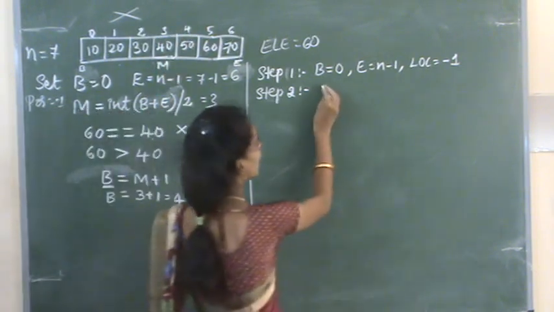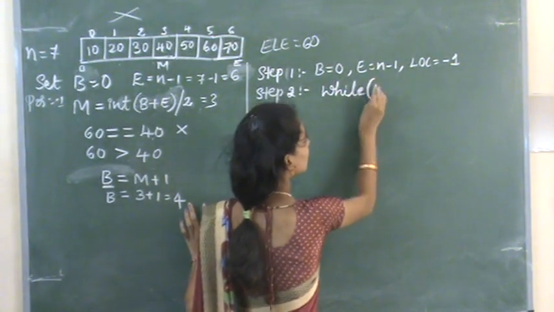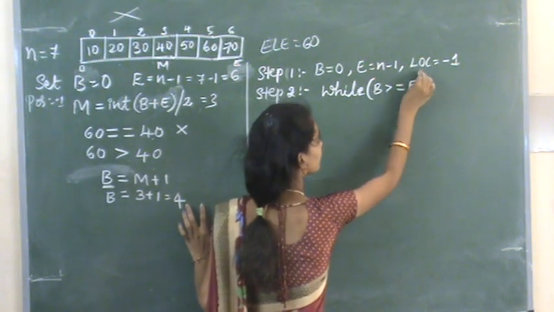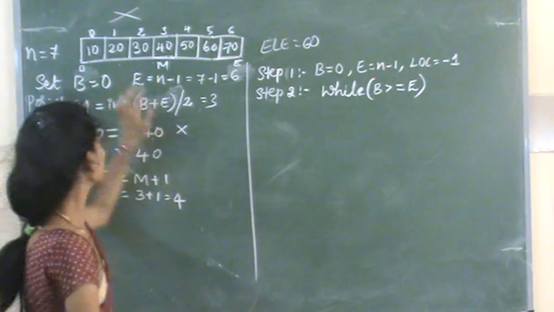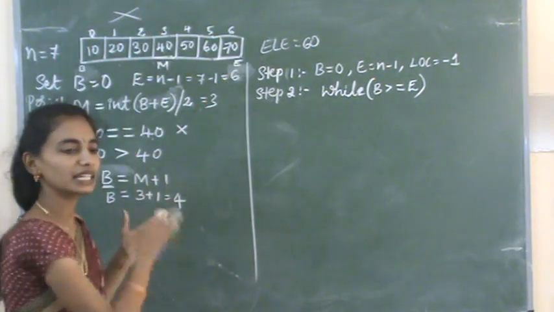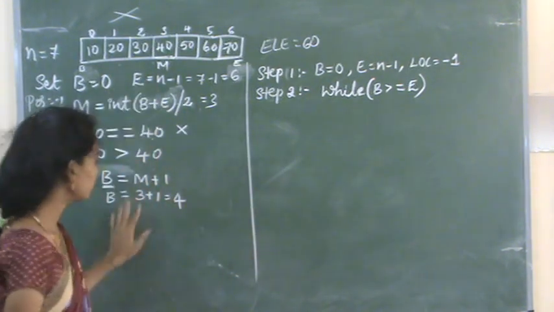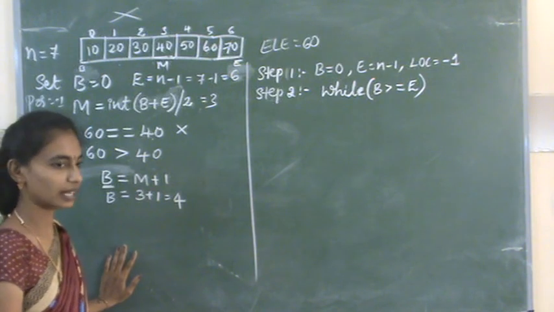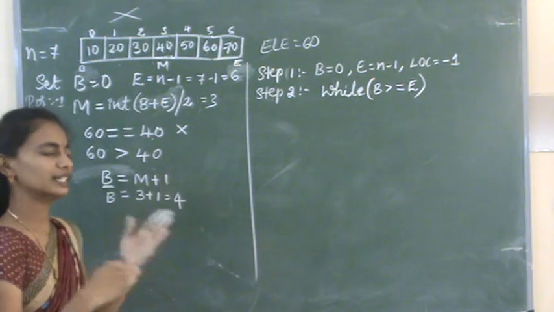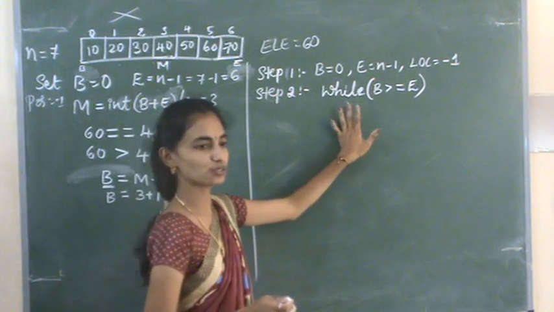So for that we are using a while condition, that is beginning is less than or equal to end, which means 0 is less than or equal to 6. Then only we can perform these operations. So if the array is present, that is, if end is not less than beginning, then we consider that the array exists. So we use this while condition.